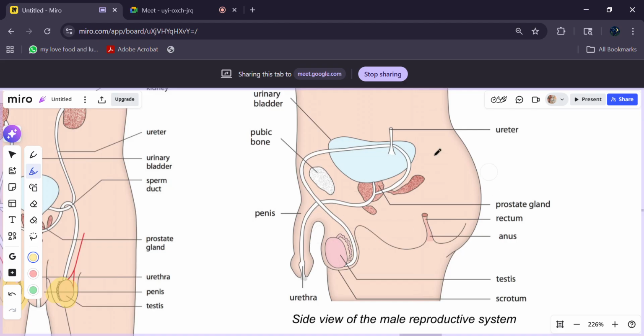The scrotum is located right outside the body cavity, thus is at a slightly lower temperature than the body temperature. That means the scrotum is colder than the rest of the body. The lower temperature is needed for the sperm to develop properly.